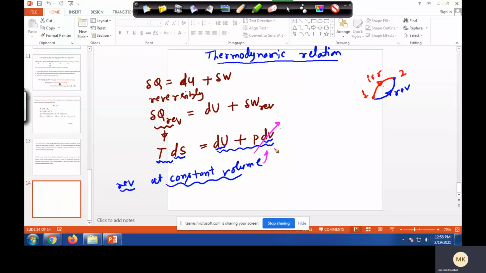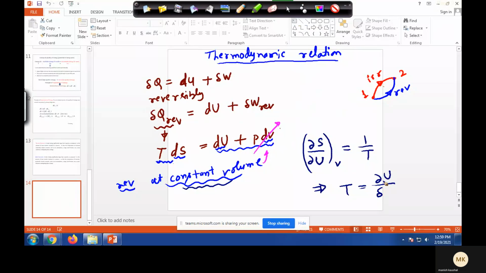Then we'll write this in this fashion: dou S by dou U, keeping volume constant, will equal 1 by T, or we should say T equals del U by del S at constant V.